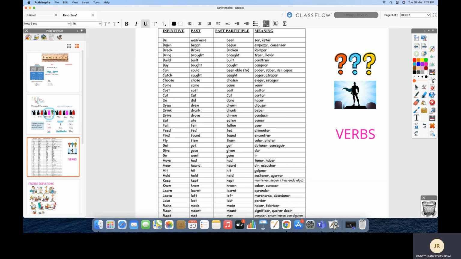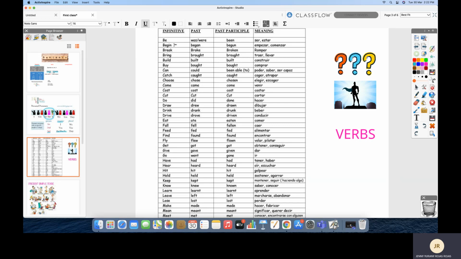de alguna manera. For example, be, en pasado es was, were, en past participle been, ¿sí? ¿Qué significa be? Pues es el famoso verbo ser o estar, el verbo to be. Begin, en pasado es began, pero en los tiempos presentes o la forma del past participle means empezar, comenzar, ¿sí? Entonces, yo puedo decir, I begin the homework.